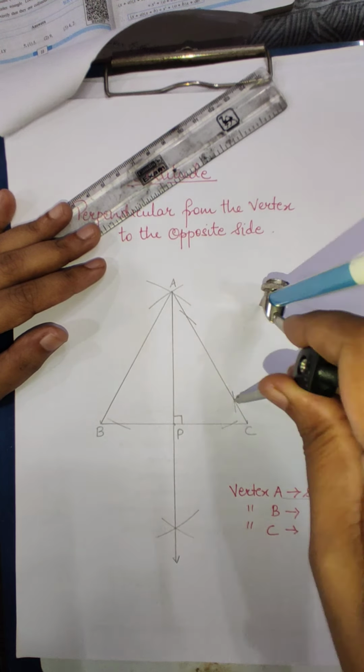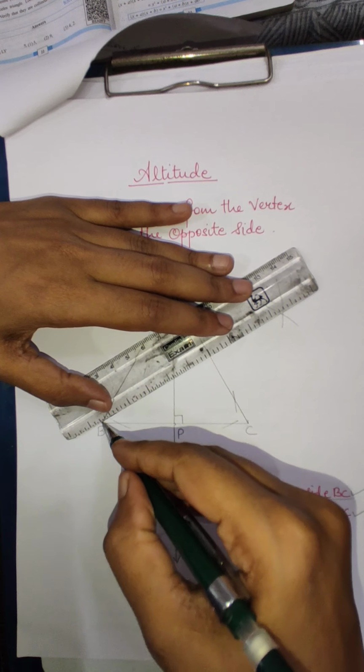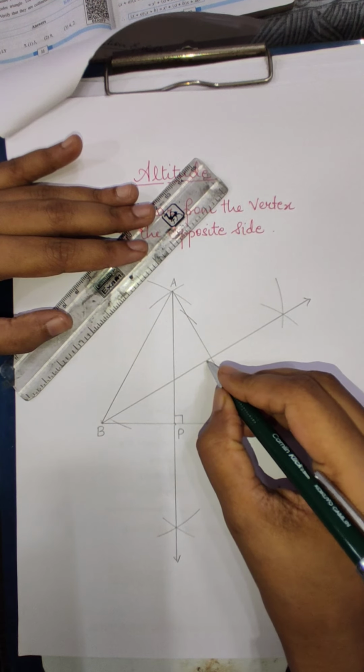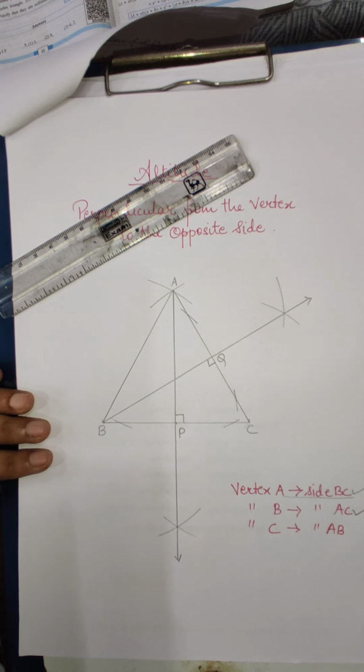Again you got a point. Draw a line from B and this point. So you get one more perpendicular. Name this as Q. So BQ is your altitude from vertex B to side AC. So this also is done.